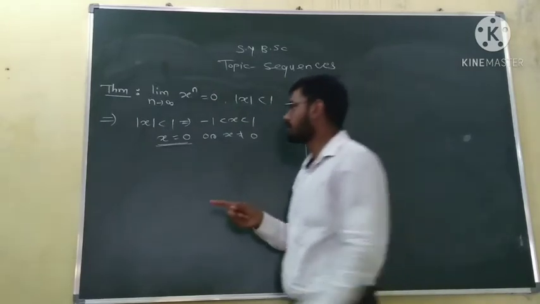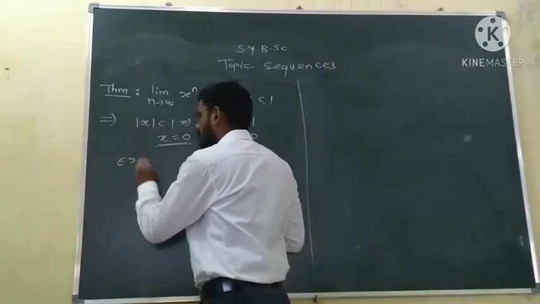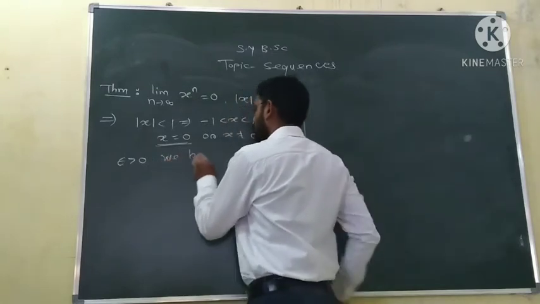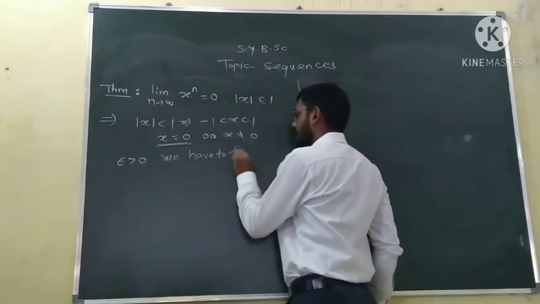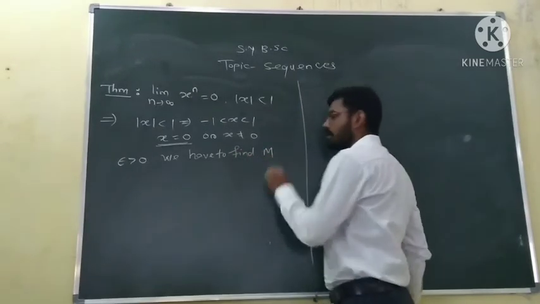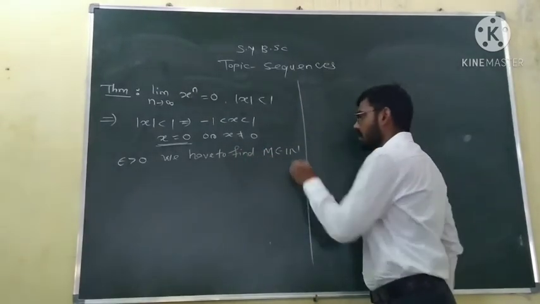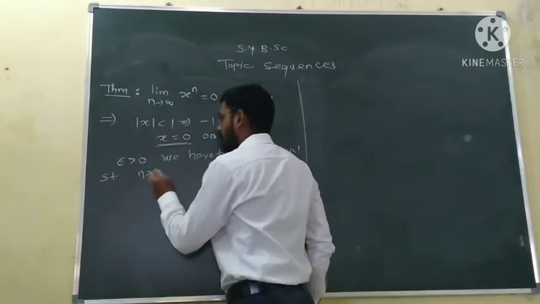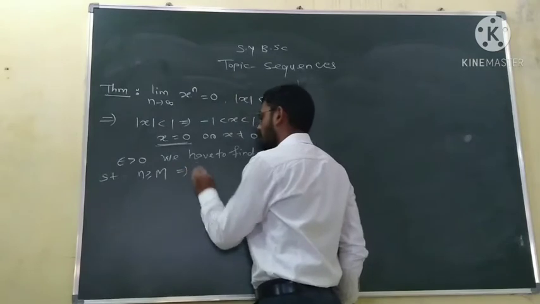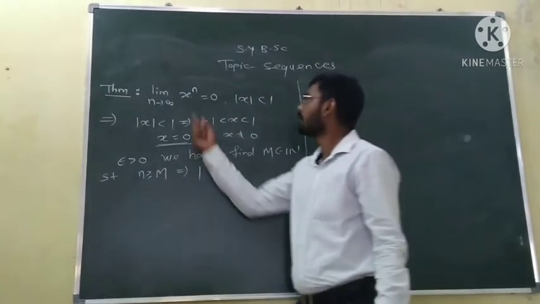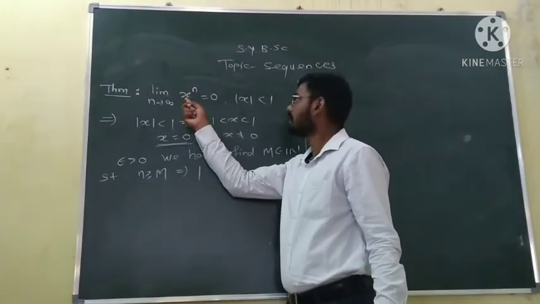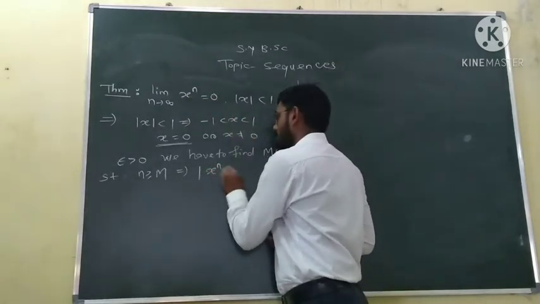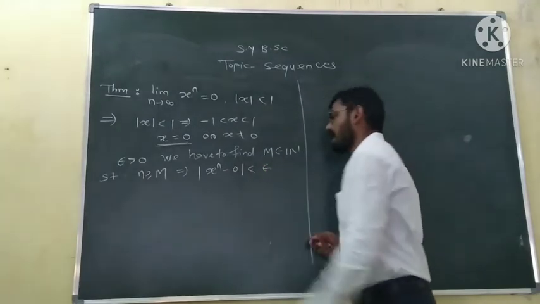So for that purpose, we have to prove that for any epsilon greater than 0, we have to find a natural number m such that whenever n is greater than or equal to m, we must have the distance, or mod, between the sequence and the limit less than epsilon.